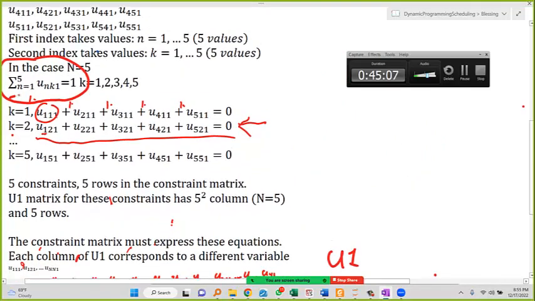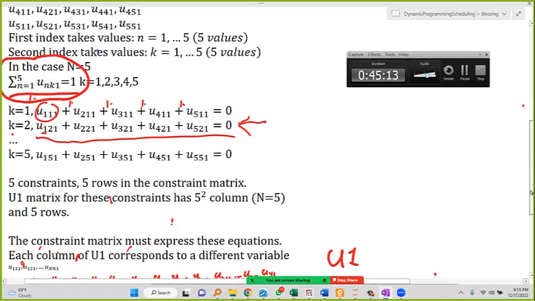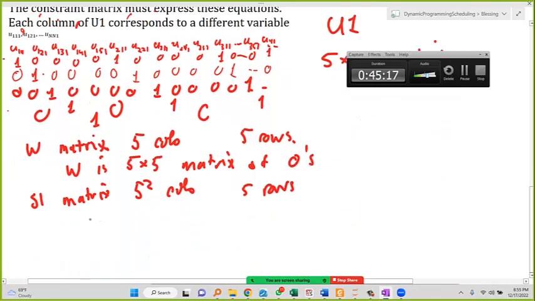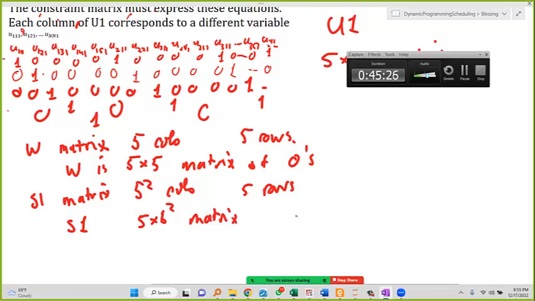How many S's do you see? No S there. There are no S, so this is all zeros also. So that means S1 is a 5 by 5 squared matrix with all zeros.